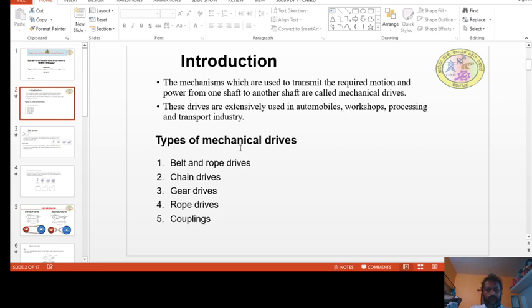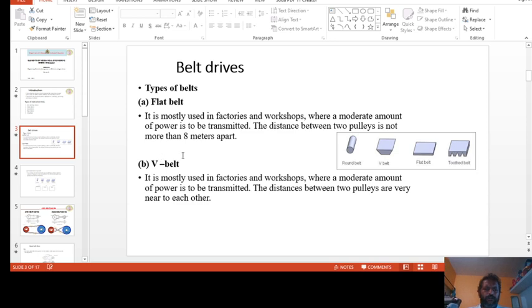So the various types of mechanical drives are belt drives, rope drives, chain drives, gear drives and couplings. Coming to the belt drives, let us look at the various types of belts. The first one is a flat belt. It is mostly used in fabrication and workshops where a moderate amount of power is to be transmitted.